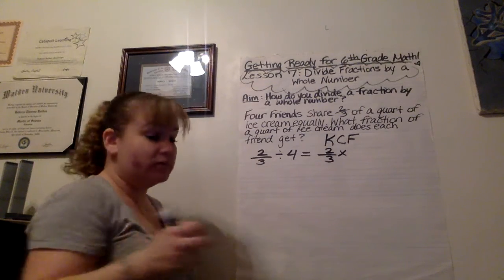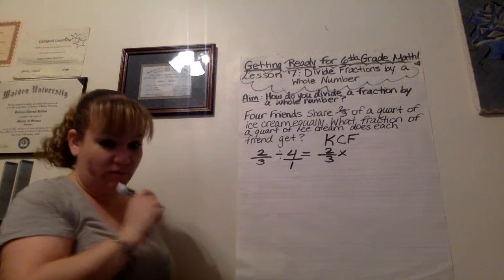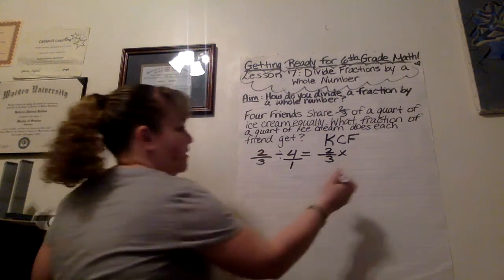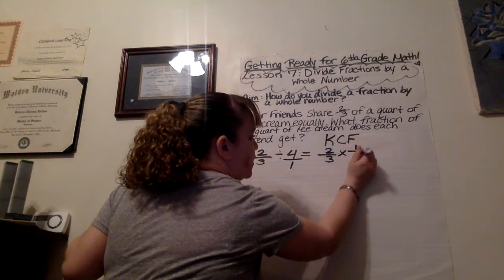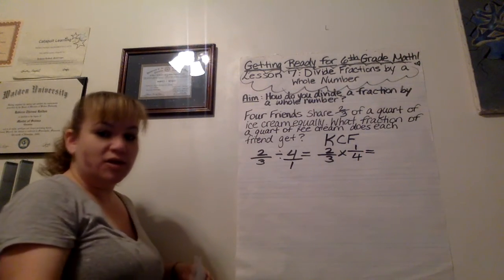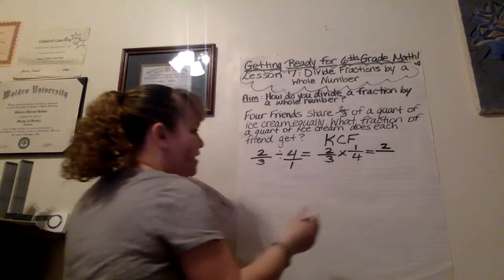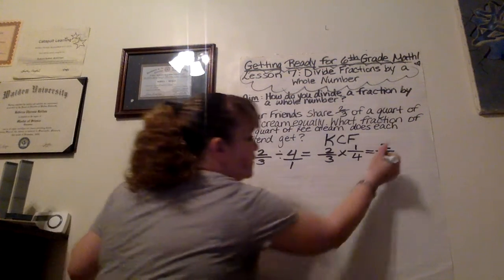It's a whole number. Technically, it's 4/1. So be careful when you're flipping. It's going to become 1/4. Right? Remember all this? And then you multiply across. 2 times 1 is 2. And then 3 times 4 is 12.